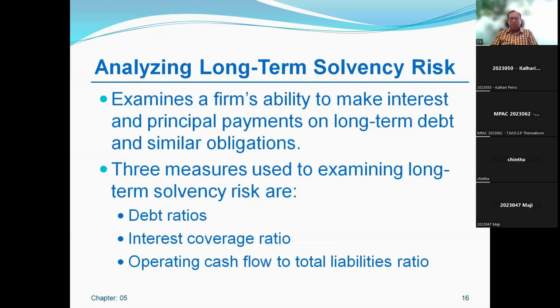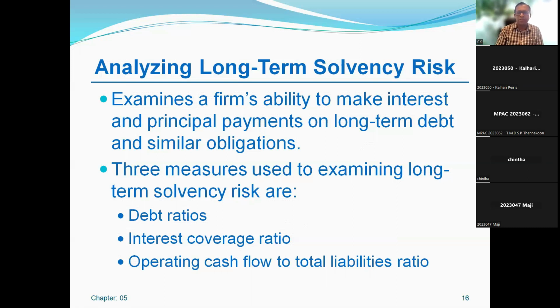If you have the ability to do so, you are in a safe zone. Now, when you do this long-term financing, if your overall mechanism is not efficient, you cannot get the benefit out of it.